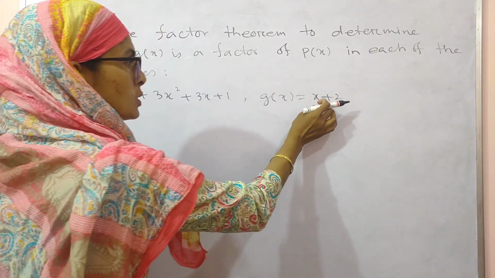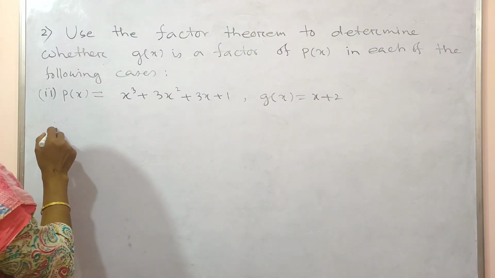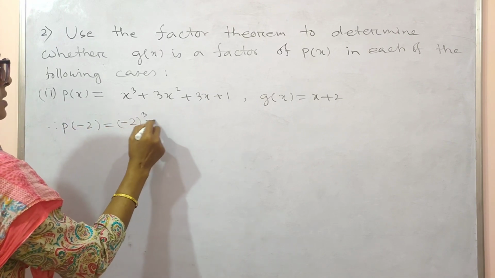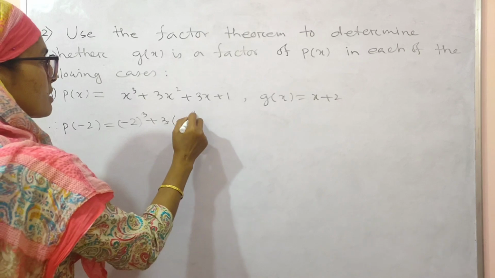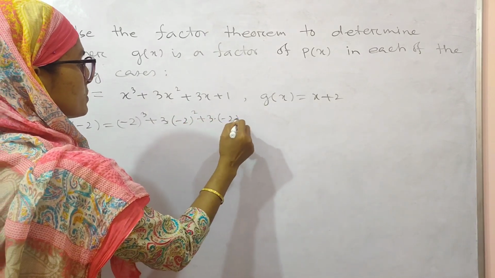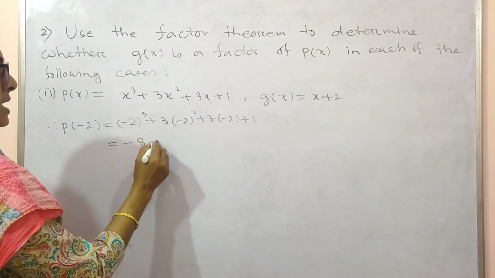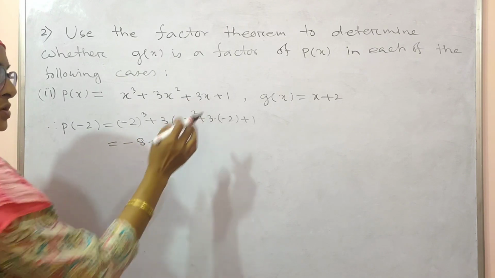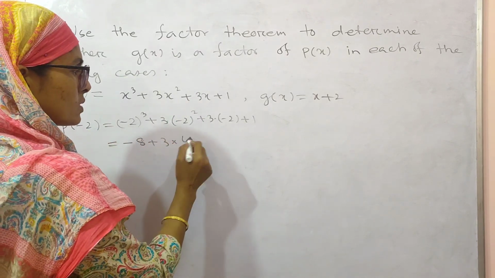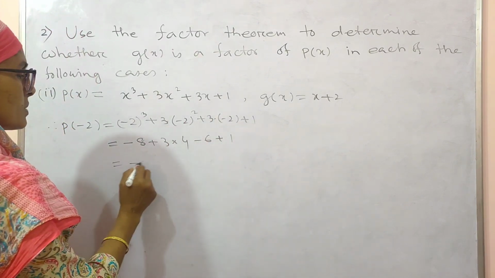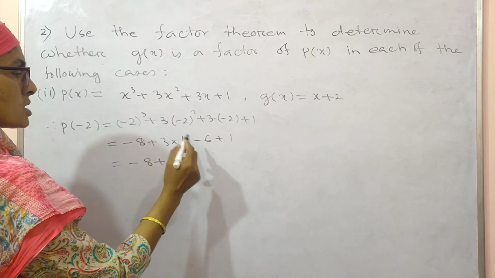So you have to put the value of x equal to minus 2 here. Therefore, p of minus 2 is minus 2 cube, plus 3 into minus 2 square, plus 3 into minus 2 plus 1. So minus 2 cube you will get minus 8, plus 3 into minus 2 square you will get plus 12.